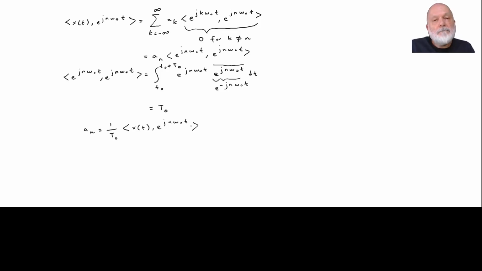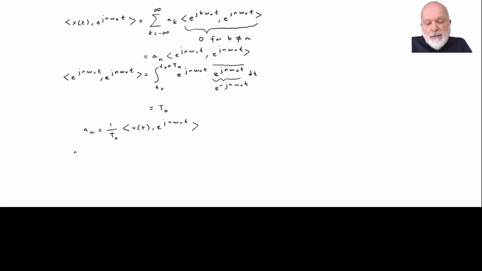Okay? So we are able to calculate the Fourier series coefficient in a very straightforward way, by means of a very simple operation, by using the fact that the harmonically related set of complex exponential signals form an orthogonal set.